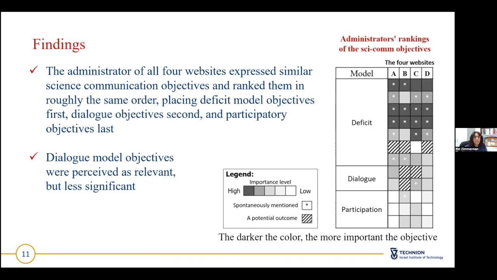The findings: the administrators of all websites expressed similar science communication objectives and ranked them in roughly the same order, placing deficit model objectives first, dialogue objectives second, and participatory objectives last. Dialogue model objectives were perceived as relevant but less significant.